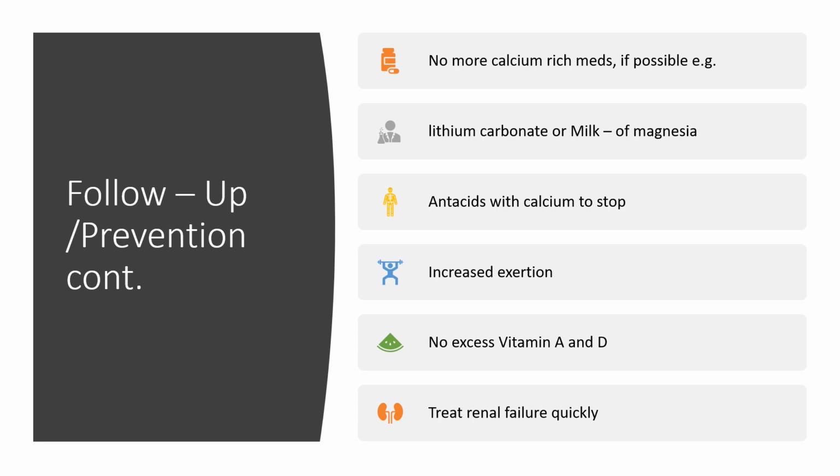Antacids rich in calcium should be stopped, and we have to advise affected individuals to increase exertion because immobilization is disadvantageous. No excess vitamin A and D, please. And we have to treat renal failure quickly.